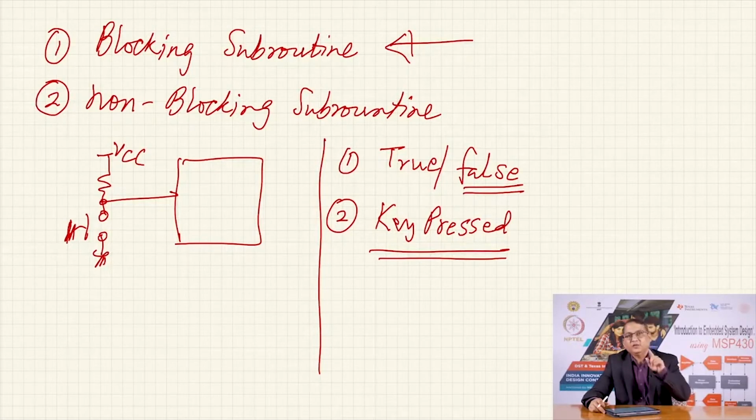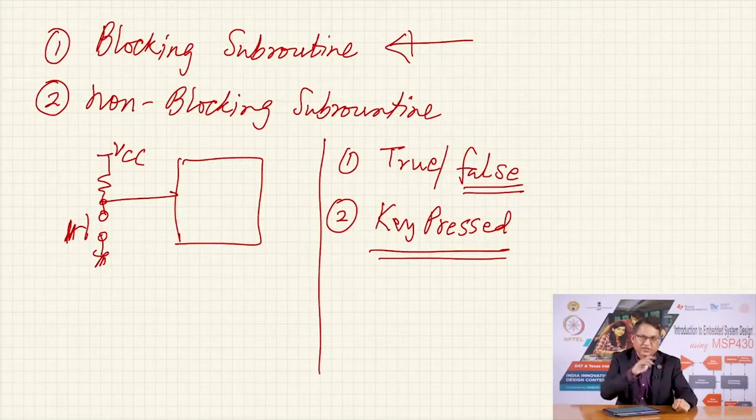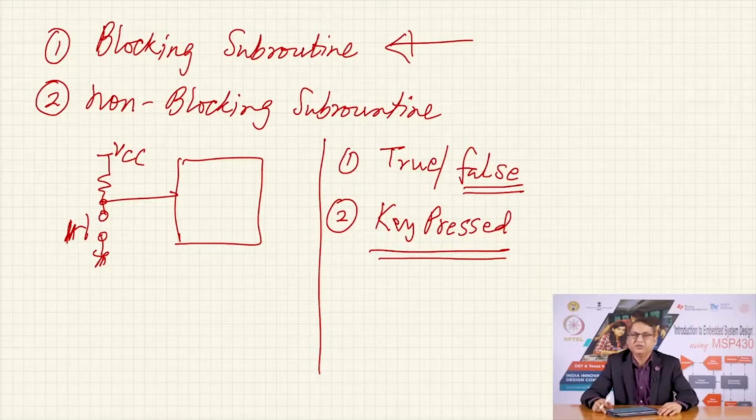If the subroutine for reading the switch matrix, which has numbers from 0 to 9 and so on, if somebody had programmed that ATM machine to read the matrix of switches as a blocking function, the machine would have blocked. Why? It is asking you to enter the PIN number and you are refusing to enter the PIN. So, it is going to block the operation.